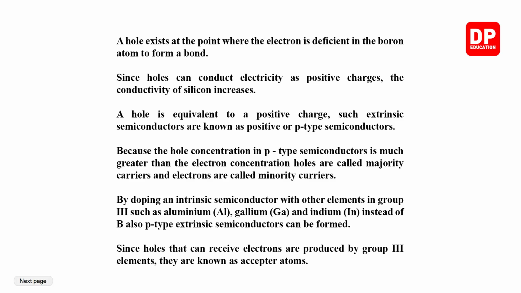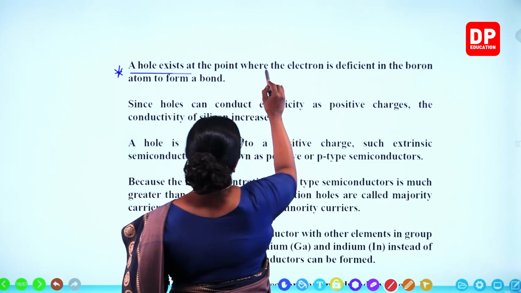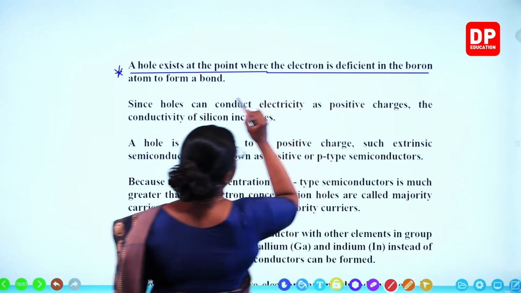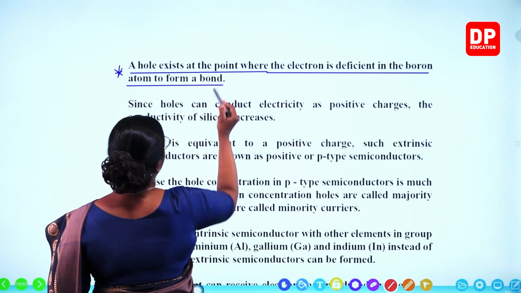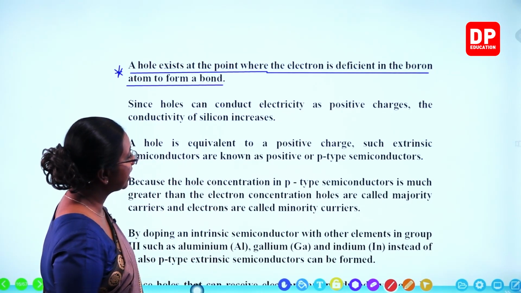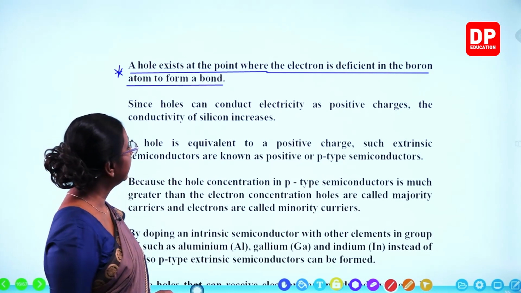So here we can see a hole exists at the point where the electron is deficient in the boron atom to form a bond. So that is what we saw in the previous diagram. Since holes can conduct electricity as positive charges, the conductivity of silicon increases.